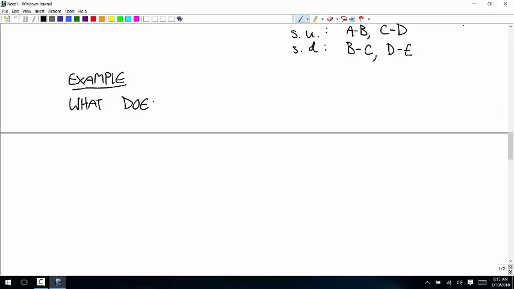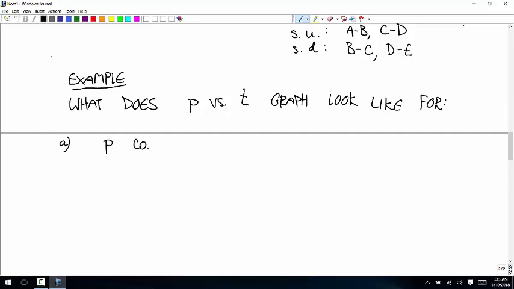So now this second question, what does a position versus time graph look like for first, constant position, which is equivalent to zero velocity?